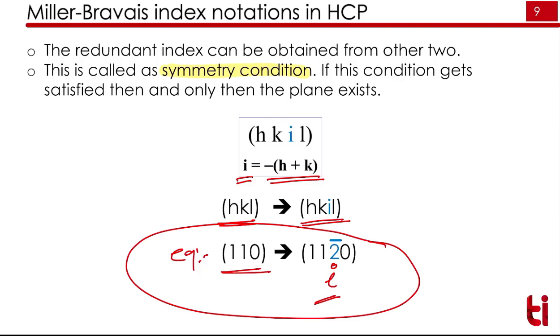If this condition is satisfied, that is I equal to minus (H plus K), then and only then the plane exists, or then and only then we can draw the plane. So keep in mind that whenever you are given Miller indices and you have to show the plane, first you have to check the symmetry condition and then you can construct or show the plane.